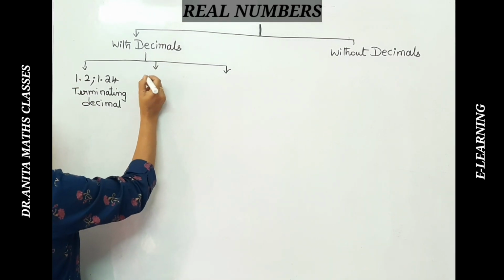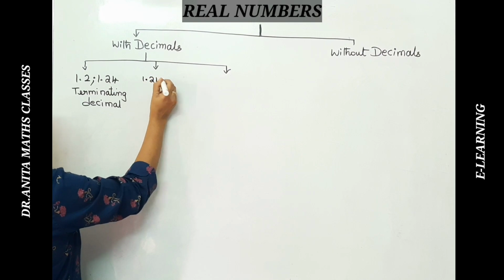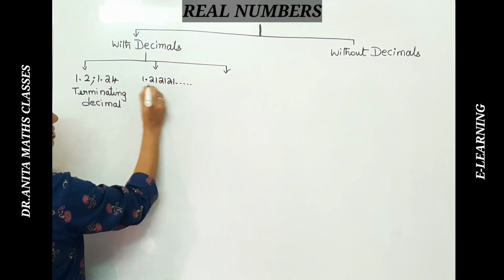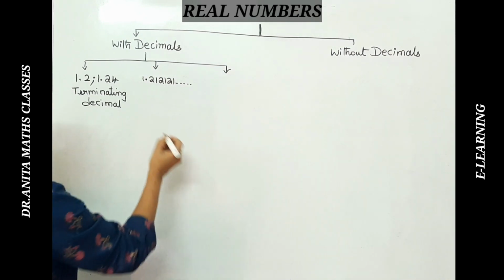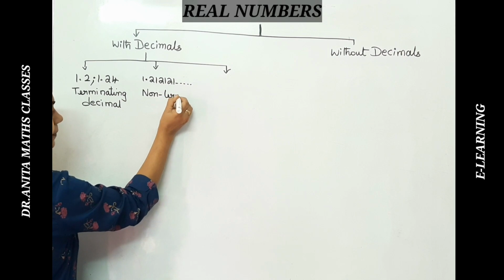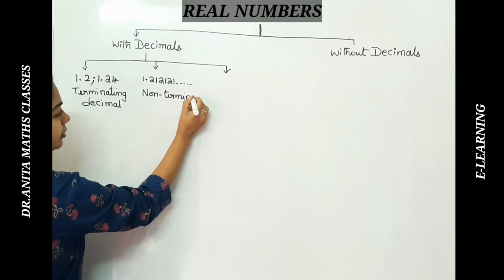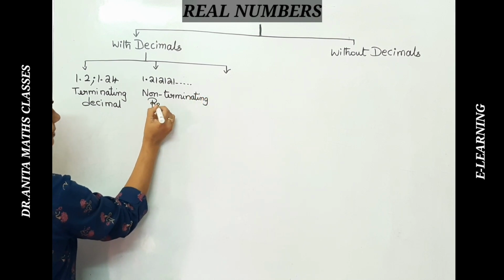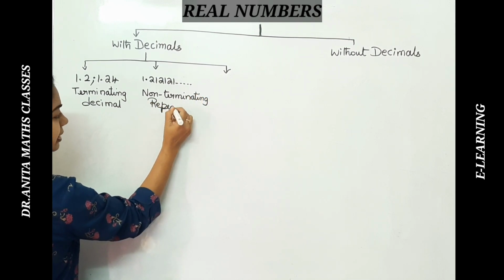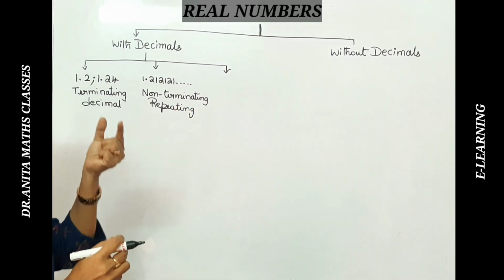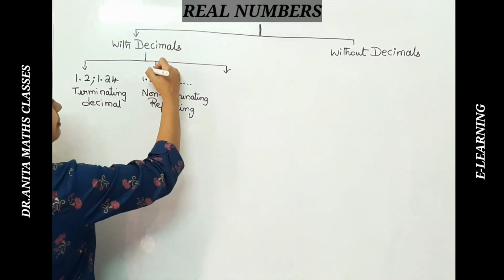And the next part, if I take 2 1 2 1 2 1 and so on, this is not stopping, it is going on. So I can call them non-terminating repeating decimals. Some block of numbers, some part of a number is being repeated.